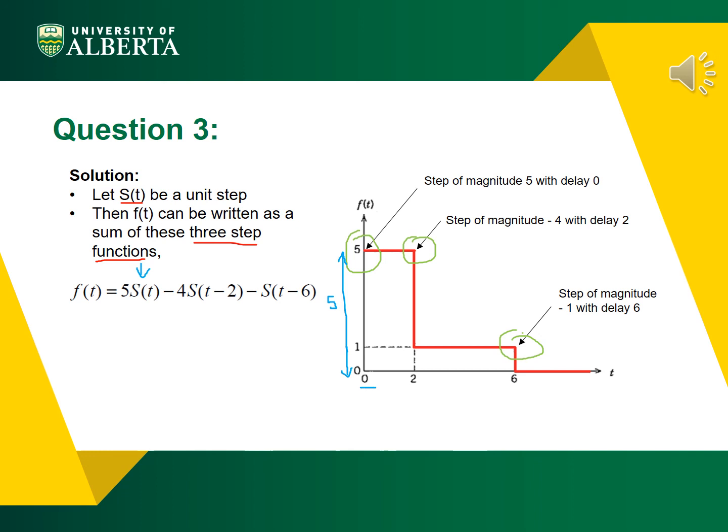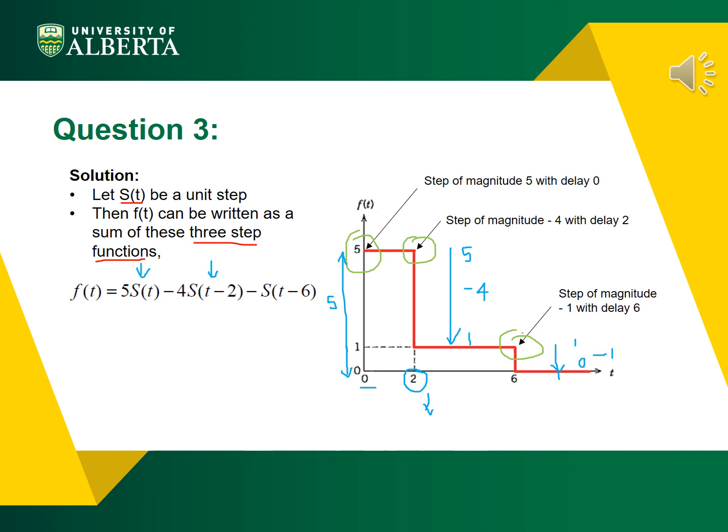And then the second step would be minus 4 because it is a negative step from 5 to 1. So minus 4 into s of t minus 2. It occurs at t equal to 2. So there is a delay of 2 seconds or minutes or whatever time unit. And then the final step is of magnitude 1 in the negative direction, because it drops from 1 to 0.